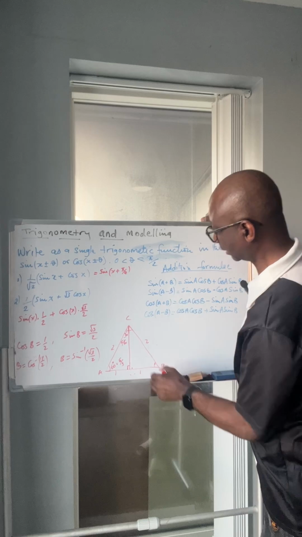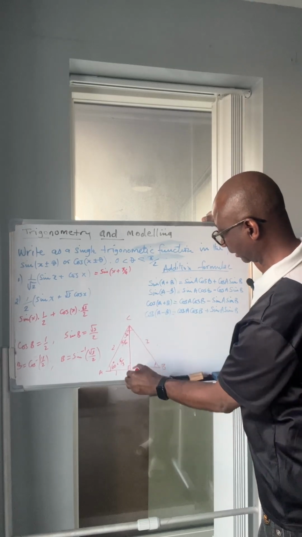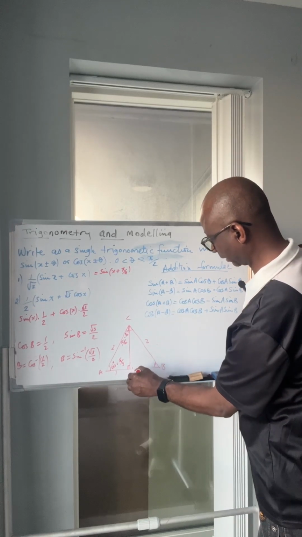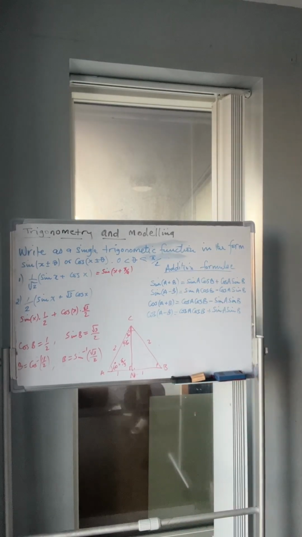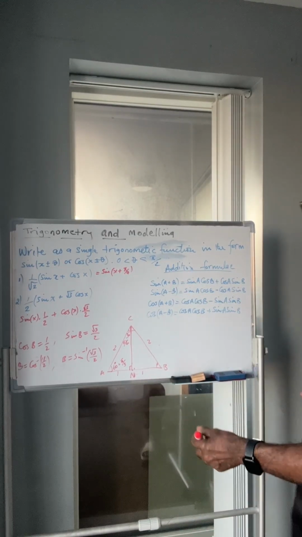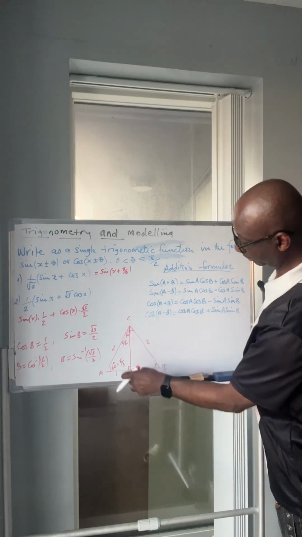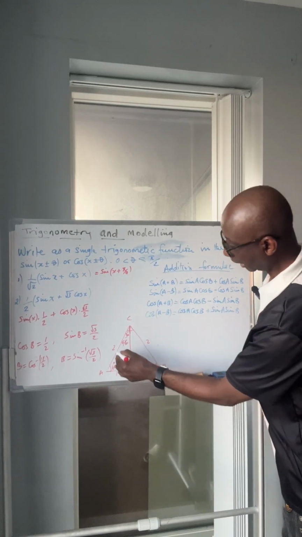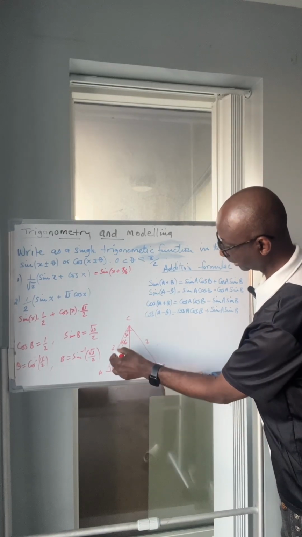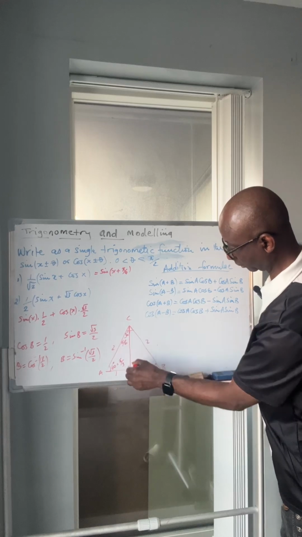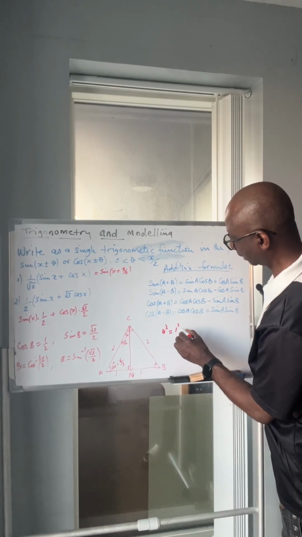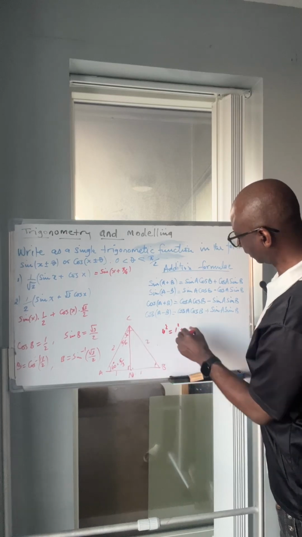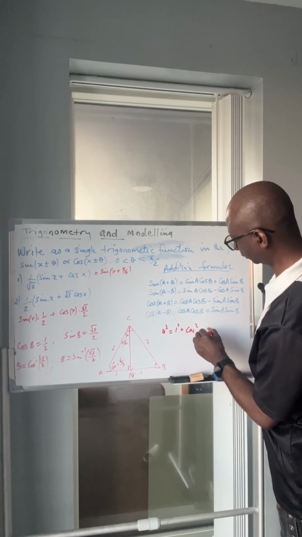So now what is this length? This line here, I call it N. What is CN? According to Pythagoras theorem, this is the hypotenuse here. So it's 2 squared equals 1 squared plus CN squared.